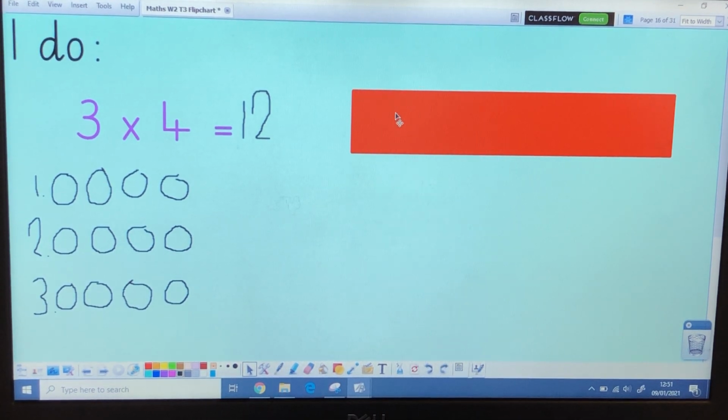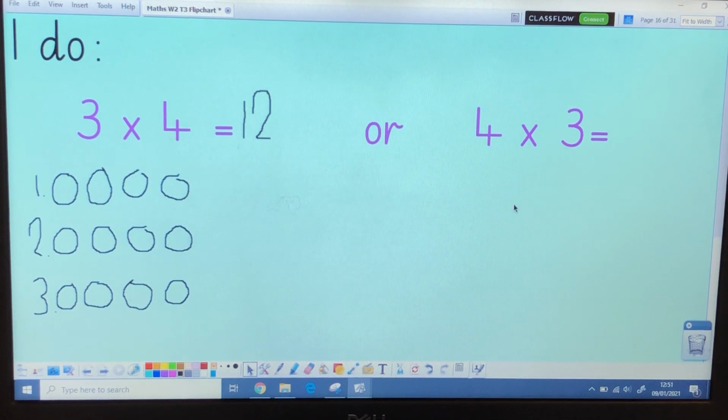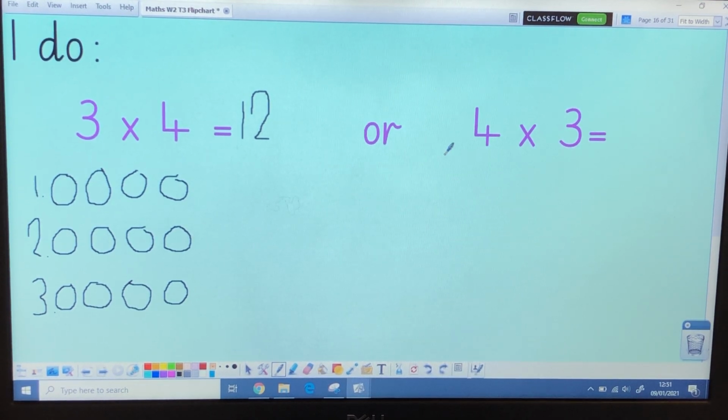But what if we switch the numbers around? If we had 4 times 3, how would that be shown on this array? We've got our 3 groups here, like I've just shown you. 4 times 3. Remember the first one that we looked at? We went from the top this time.